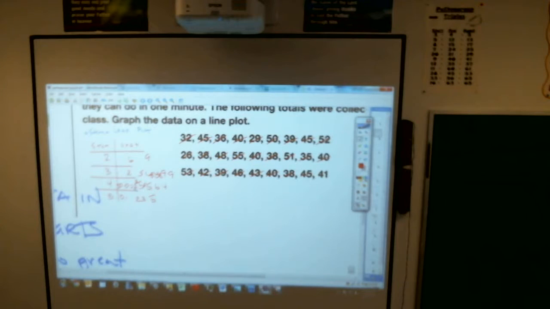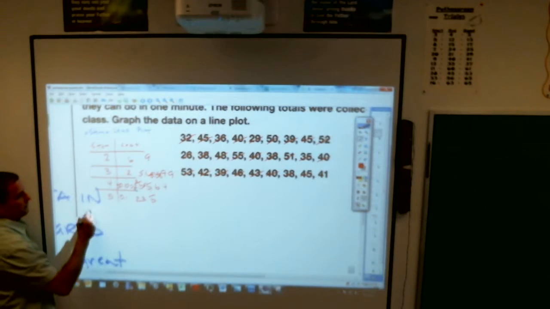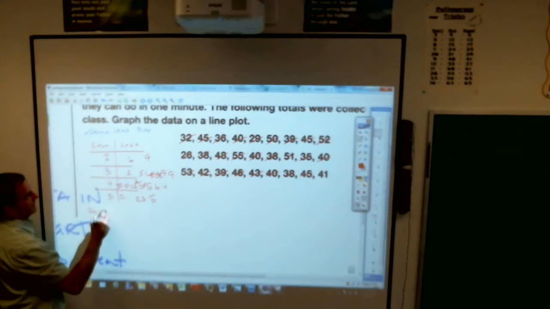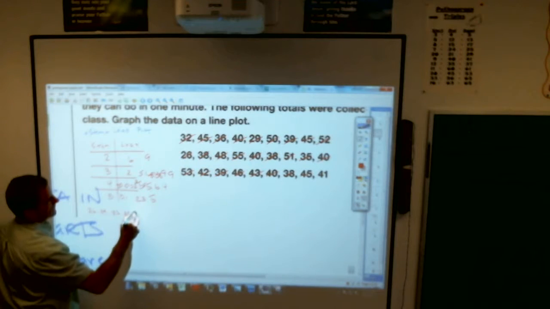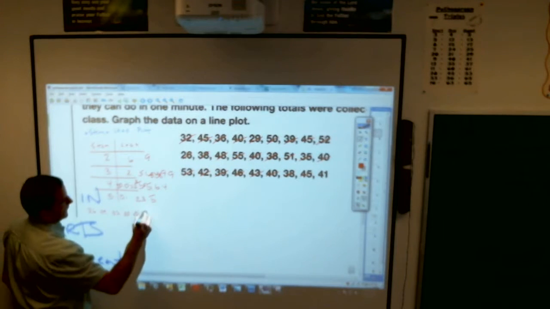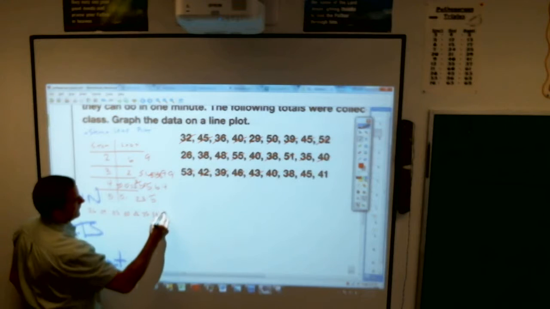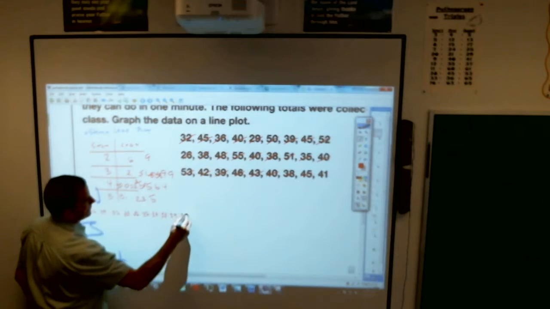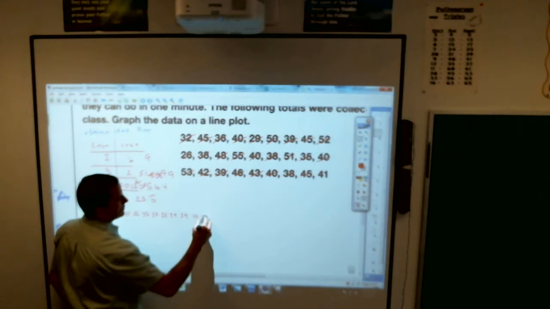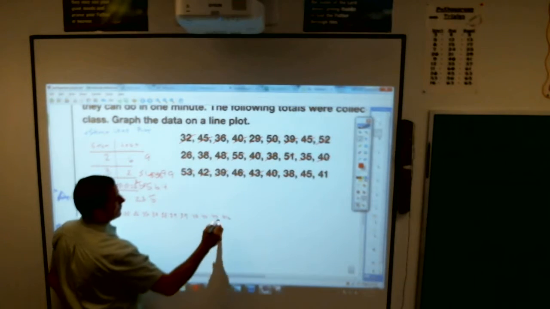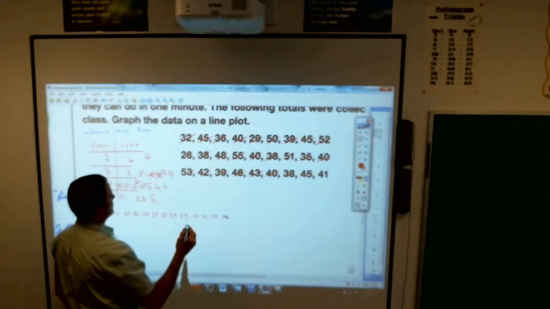That is a stem and leaf plot. Now that I did that, it's going to be really easy for me to write my numbers down in order. Actually, I could use this to do the rest of this, but I want you to see it like this. So here it goes. What do we got? 26, 29, 32, 35, 36, 38, 38, 38, 39, 39, 4 40s, 1, 2, 3, 4, 41, 42, 43.